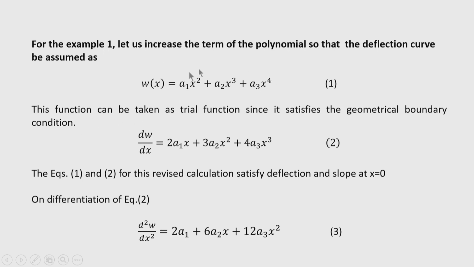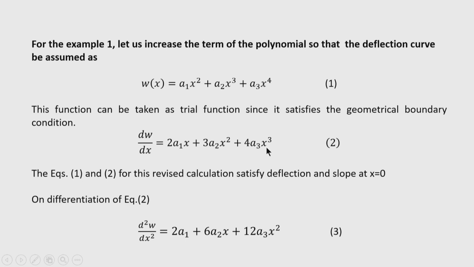So, at the first look, it is observed that this function satisfies the boundary condition at the fixed end, because putting x is equal to 0, deflection we are getting 0, and derivative we evaluate here as 2 A 1 x plus 3 A 2 x square plus 4 A 3 x cube.